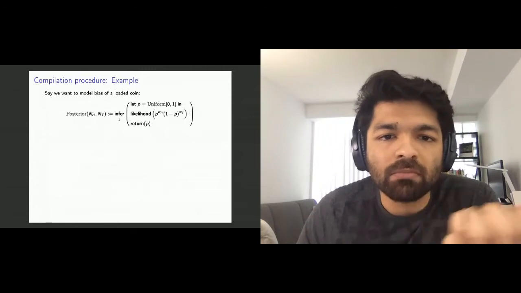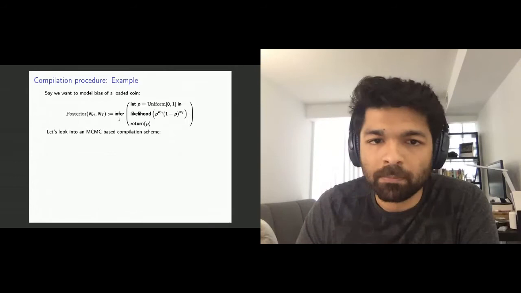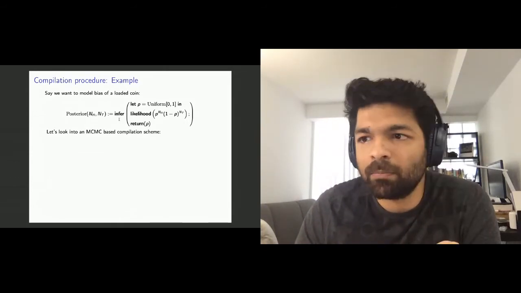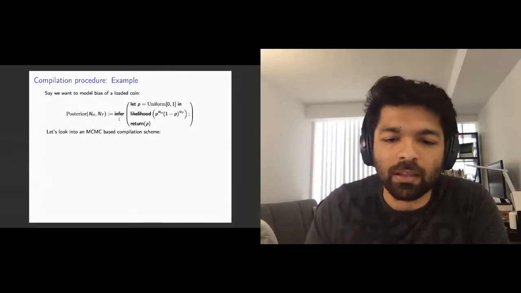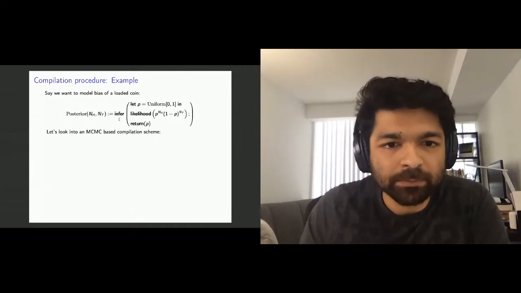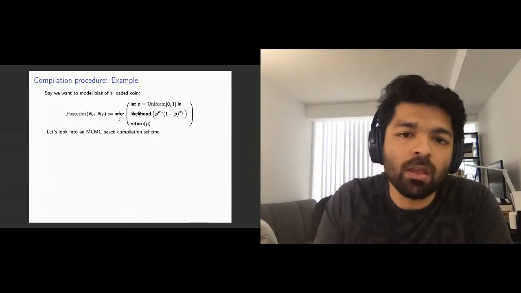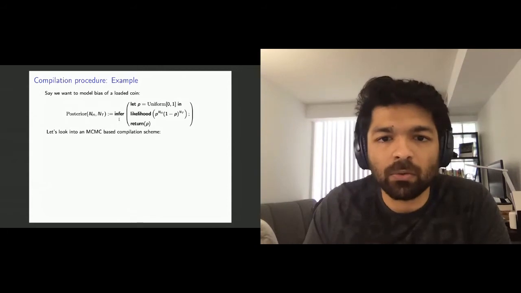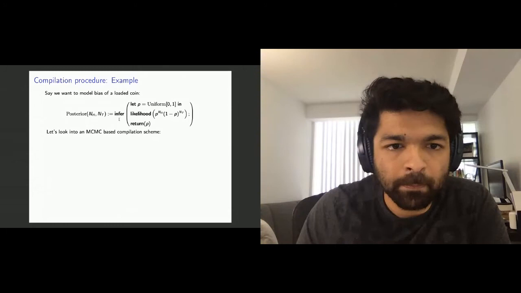So I'm going to give an MCMC-based compilation scheme for this program, and this scheme is probably very similar to an implementation of some of those lightweight languages like WebPPL or Church. The idea is that you give an initial distribution on the space of the bias of the coin, which is from 0 to 1, and here I'm going to just set the initial distribution to be the prior.